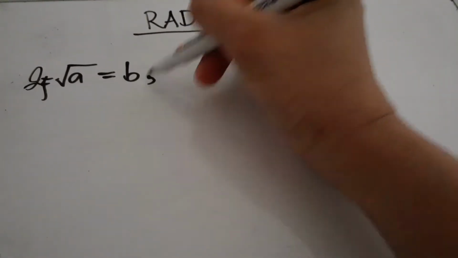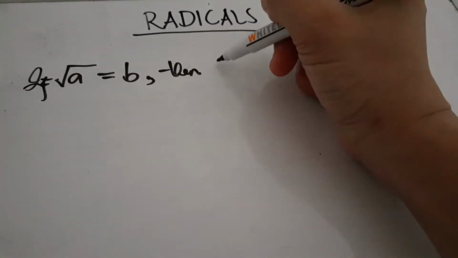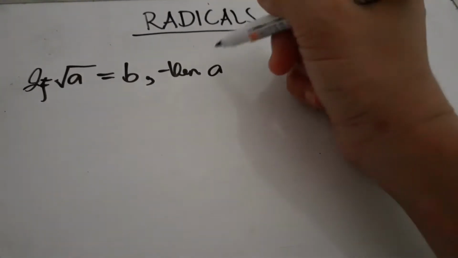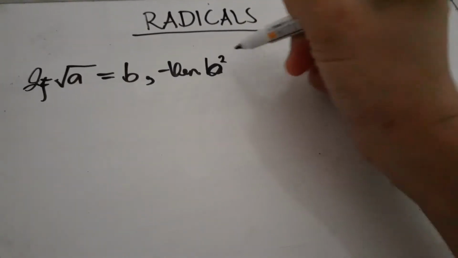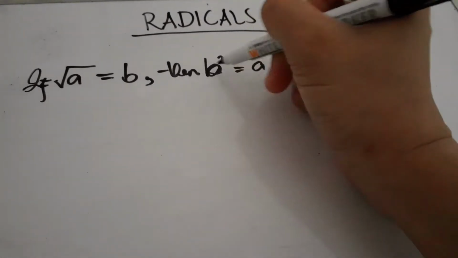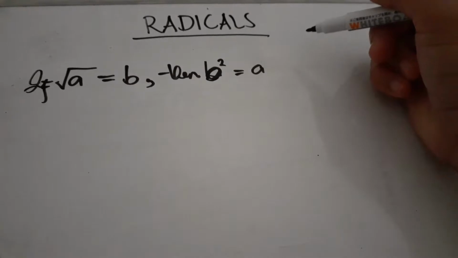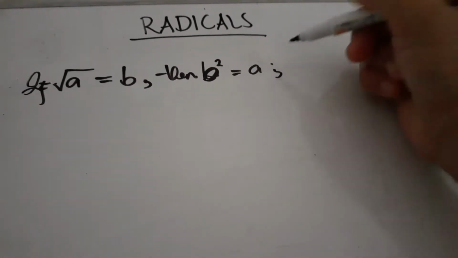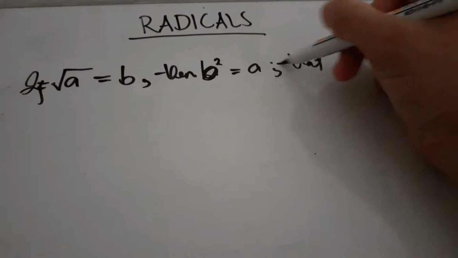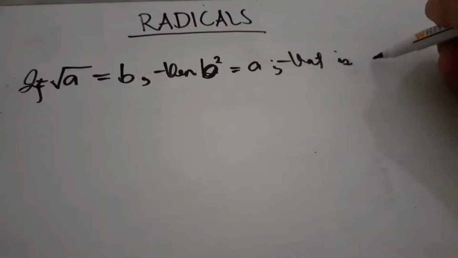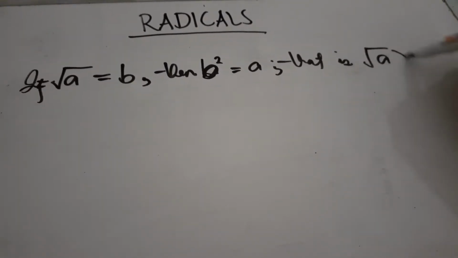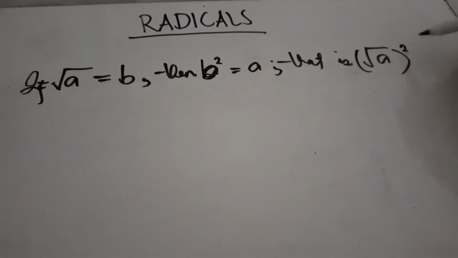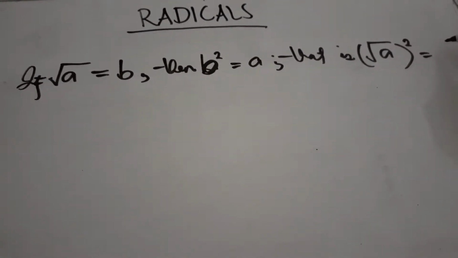Today we're going to tackle square roots, or how to simplify or illustrate them. If the square root of a is equal to b, then b squared is equal to a. That is, the quantity of the square root of a to the second power is equal to a.